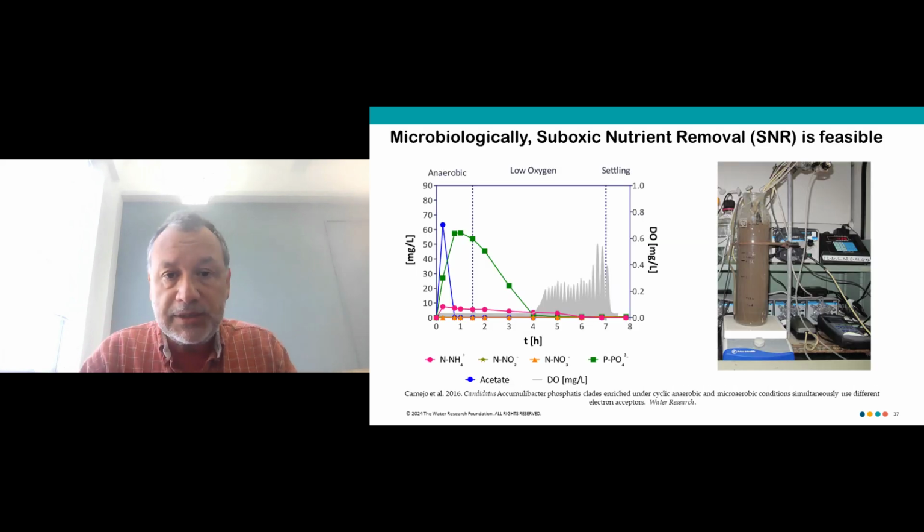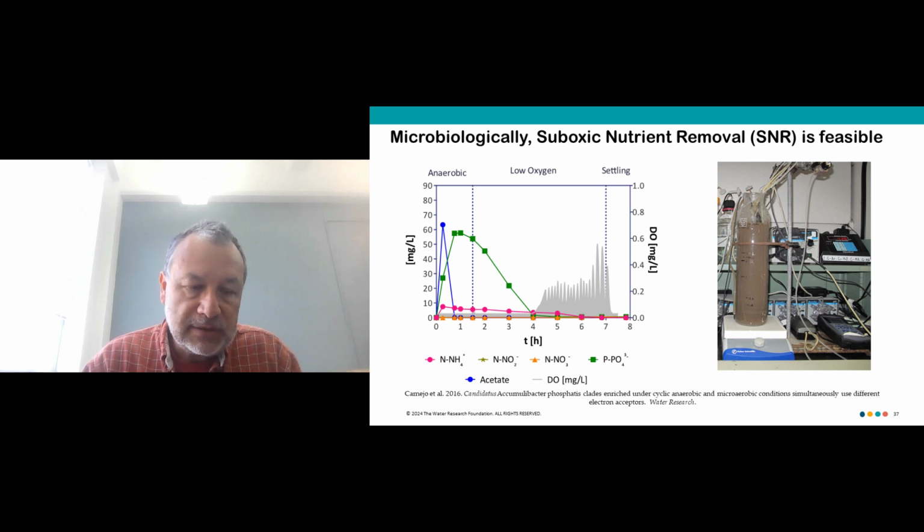So microbiologically, we have known for a long time that we can really establish very suboxic nutrient removal without any problem. This is an experiment in the lab with a sequencing batch reactor, the typical observations, where we feed the organisms acetate in the anaerobic stage, all that acetate gets internalized into the cells, phosphate gets produced, and then when you turn on oxygen, in this case very low oxygen, our threshold was 0.2.